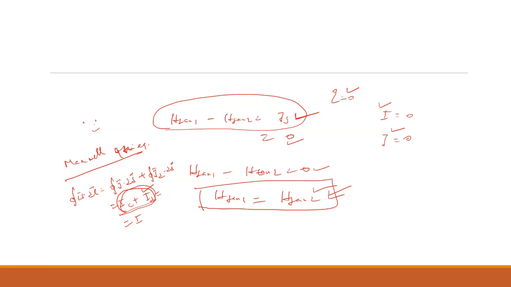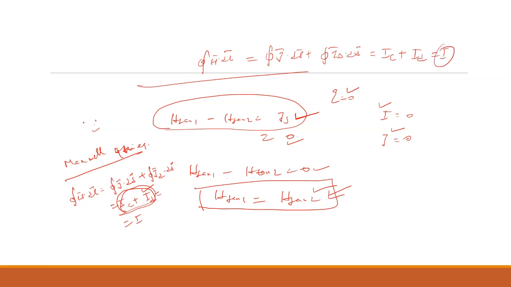Now we can solve this with the help of Maxwell's fourth equation also. This is the second method if you want to use it. The closed integral of H dot dl equals the integral of J dot ds plus Jd dot ds. Here J dot ds is the conduction current and Jd dot ds is the displacement current, and the total will be the current.